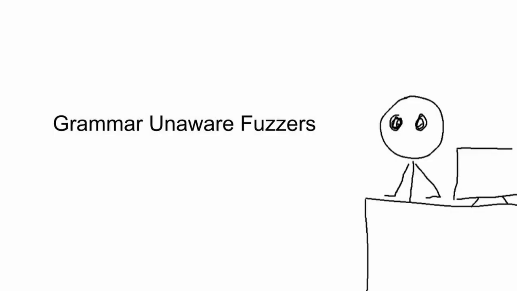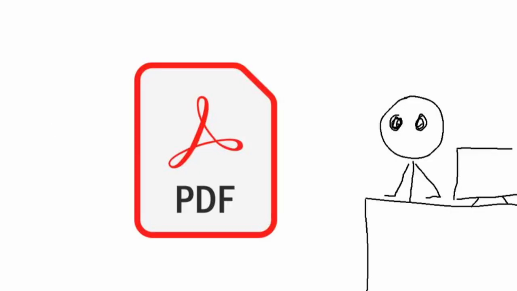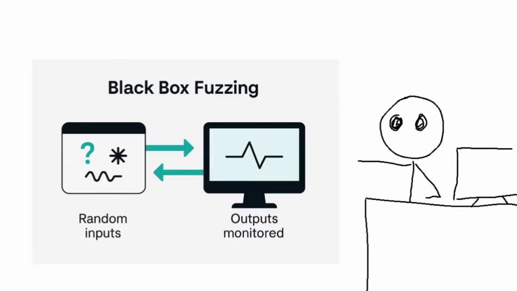Let's say I'm fuzzing a PDF application, right? The application is gonna need PDF types to be able to be used as proper input, right? Let's say in this hypothetical, this application only ever accepts inputs that follow the grammar of a PDF that it's defined, right? Our grammar-unaware fuzzer is not going to have any context for that grammar. So let's say it's just sending purely random inputs. It's a black box fuzzer.